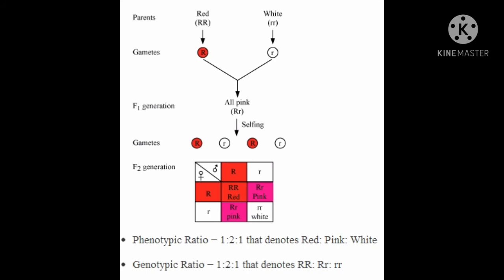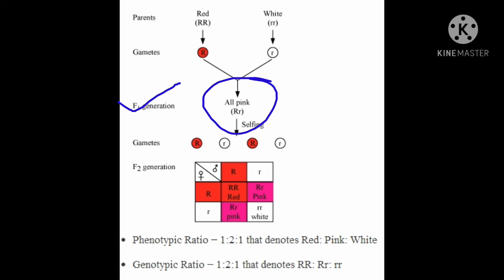Once again, see in short. In this chart, the parents are red, capital RR, and white, small rr. Then the gametes will be formed by their segregation, capital R for red and small r for white. In the F1 generation we got capital R and small r, that is all pink.